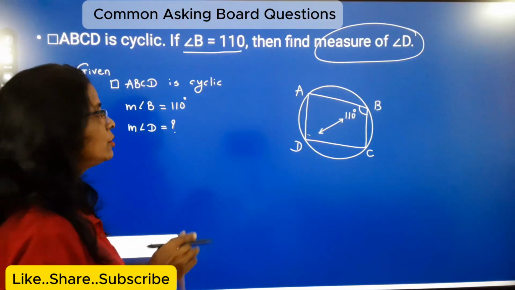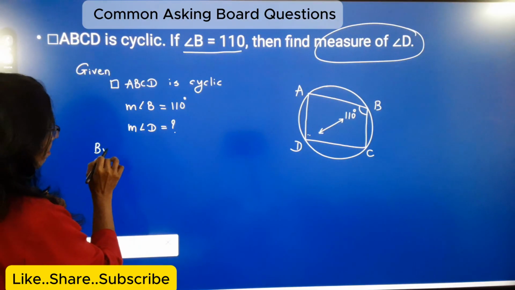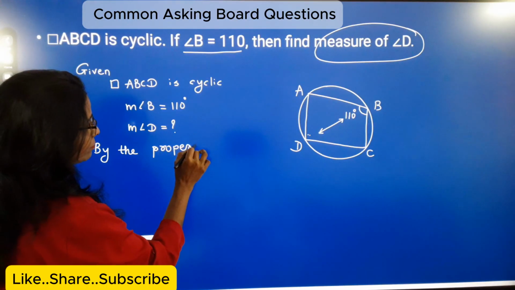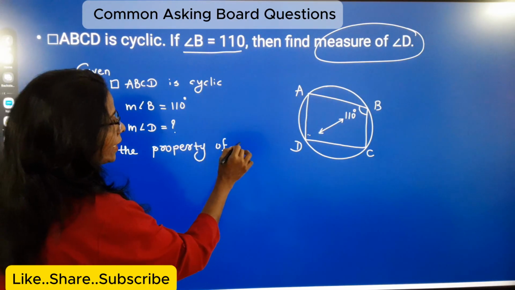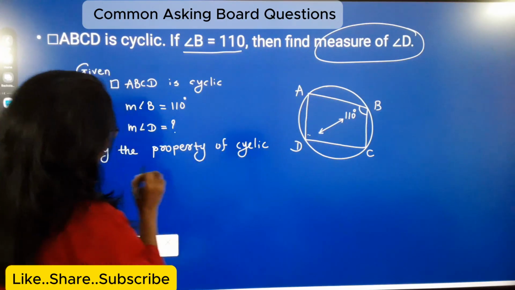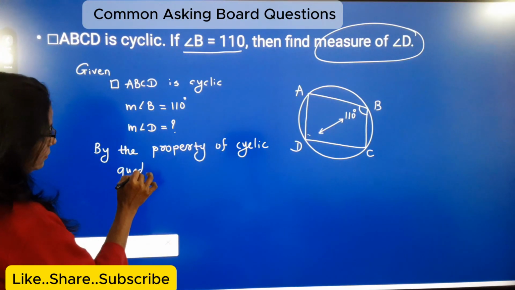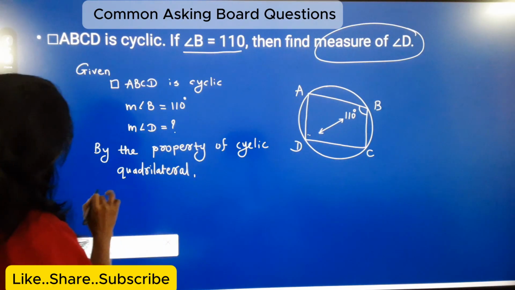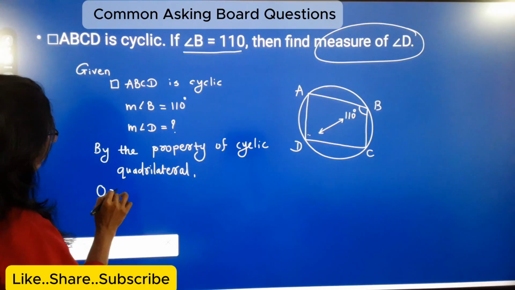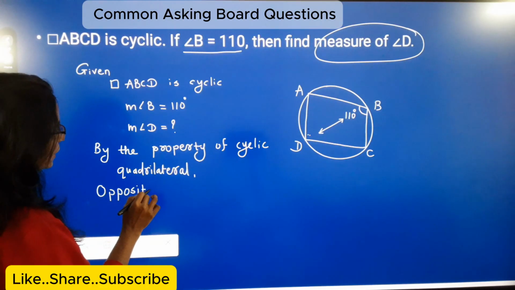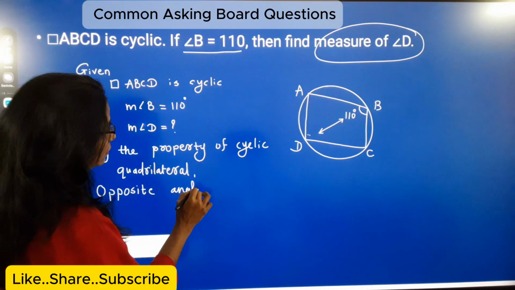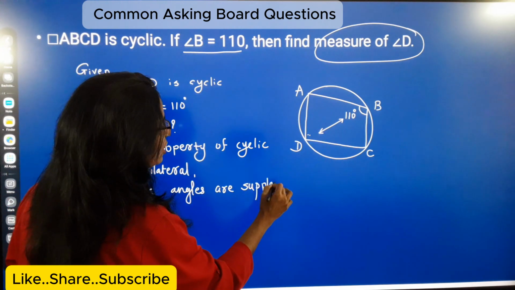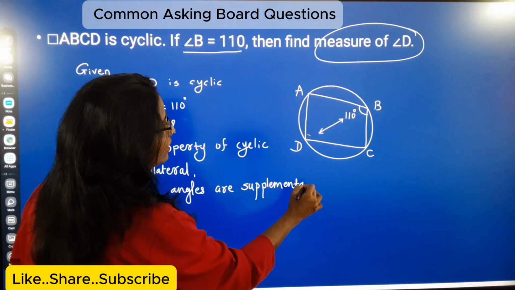Now first we write that by the property of cyclic quadrilateral, opposite angles are supplementary.